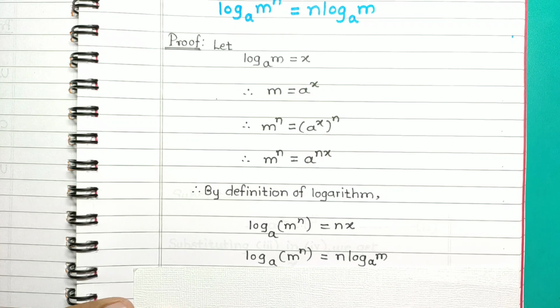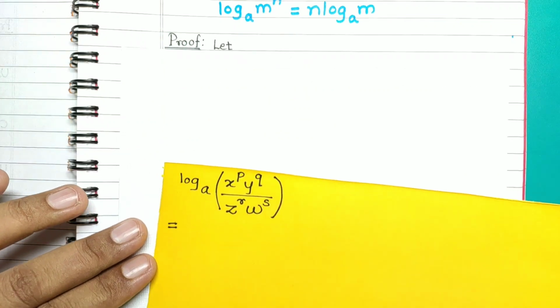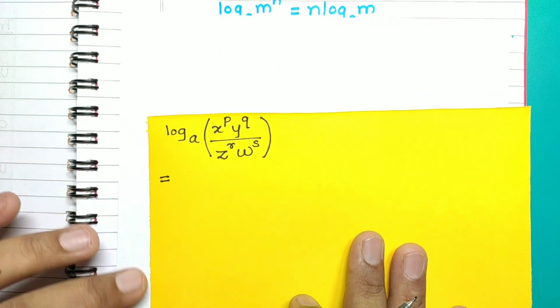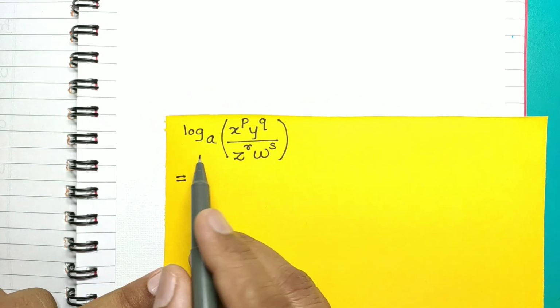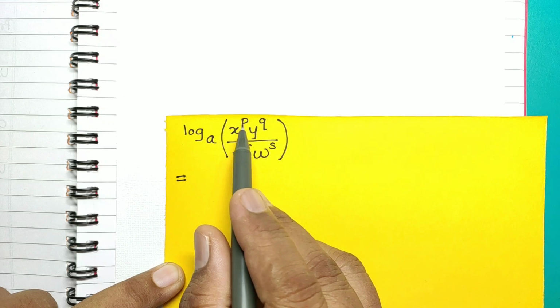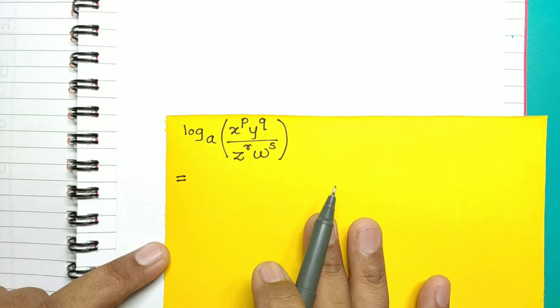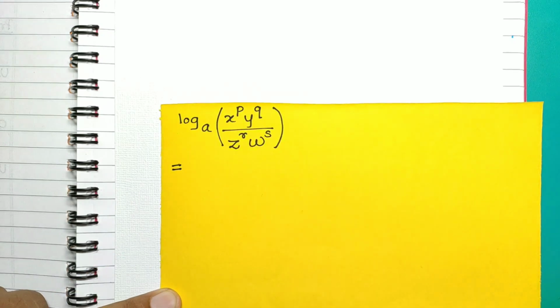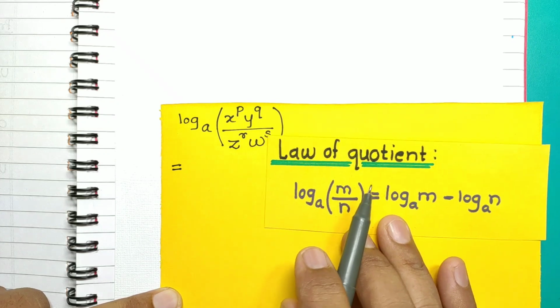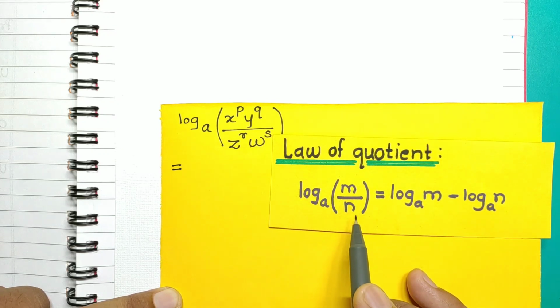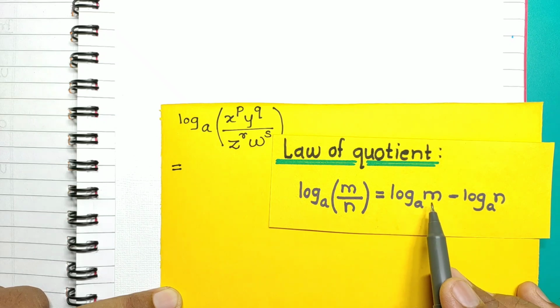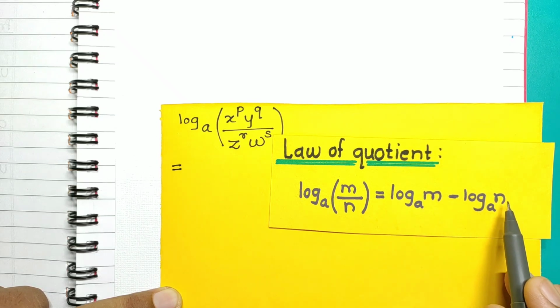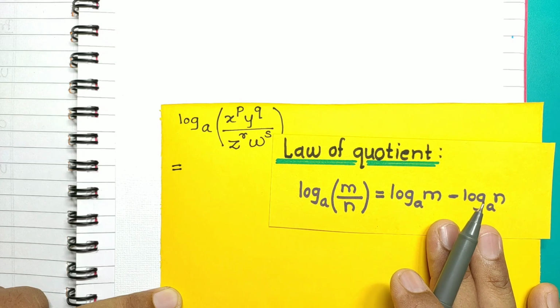Now students, let's simplify this term using these three laws. Okay. Observe here that the log contains a quotient. So we know the law of quotient: log of m by n to the base a is equal to log of m to the base a minus log of n to the base a.